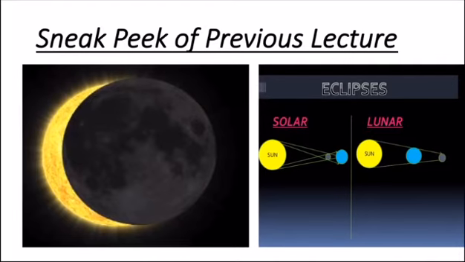The video says that an eclipse occurs when one object in space blocks an observer from seeing another object in space. From Earth, there are two main types of eclipses, the solar eclipse and the lunar eclipse.